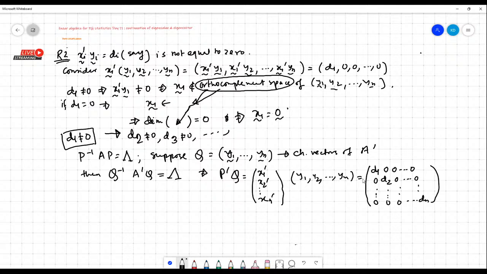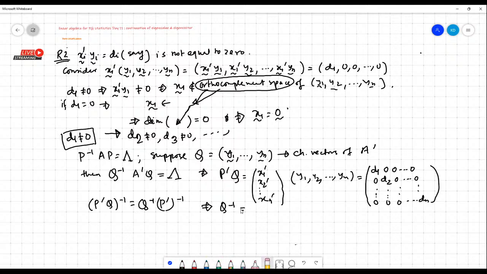So P prime Q inverse equals Q inverse P prime inverse, and this implies Q inverse is equal to, sorry, P prime.